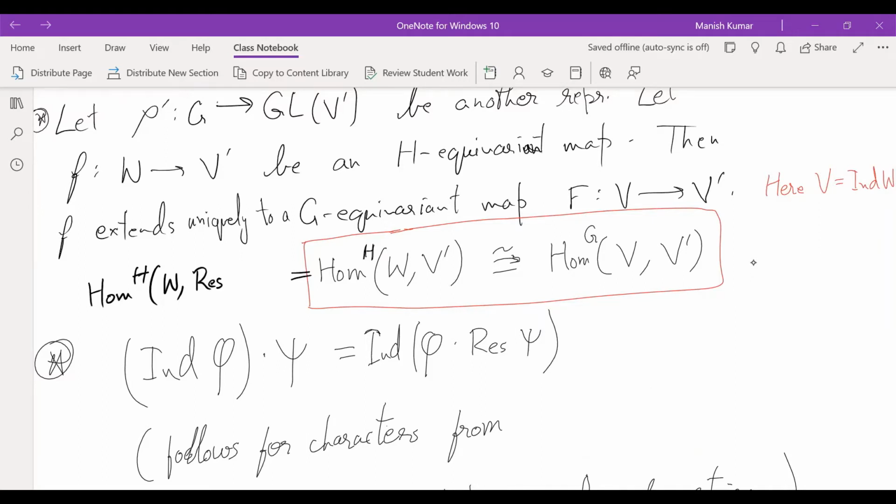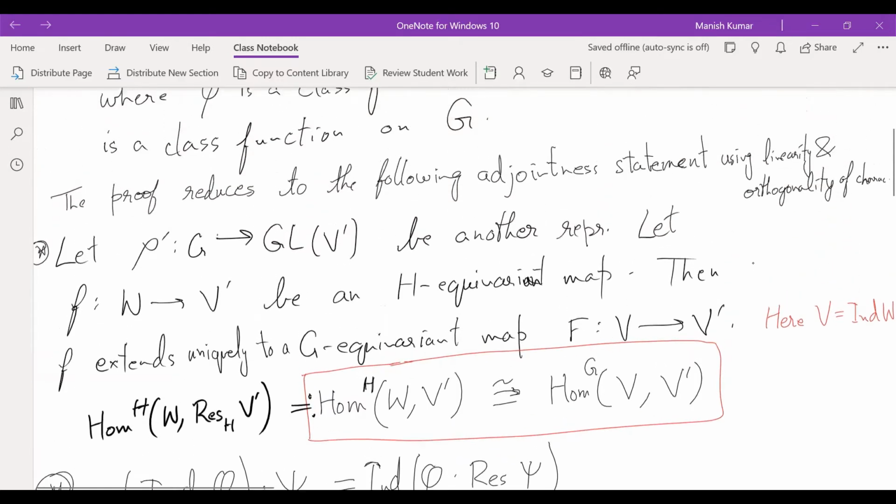As a vector space it's the same vector space, and you just think of it as an action of the subgroup H. So the definition of this is precisely this way.